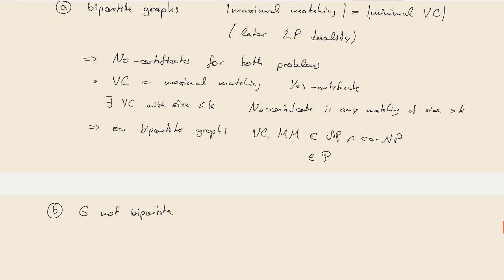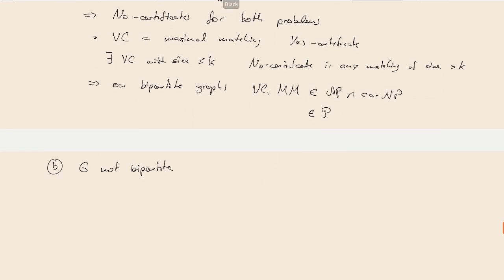The point is that this match of the optimal values no longer holds if we don't have a bipartite graph. The smallest example where you can see that is just a triangle. The maximal matching just picks one edge, but the size of the minimal vertex cover is 2.